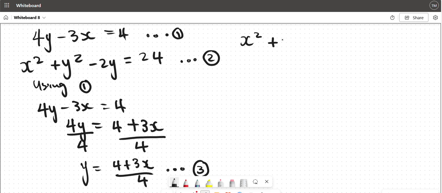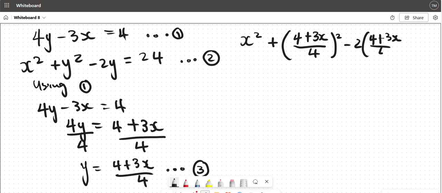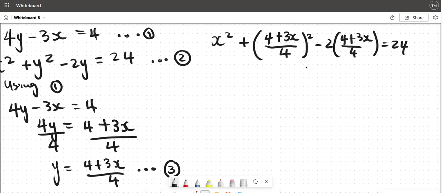So there's my equation 2. And wherever I see y, I'm going to put this fraction in there. And I'm going to square it, minus 2, 4 plus 3x over 4. And this is all equal to 24. So there we go. We've substituted correctly, right? Now let's expand it.